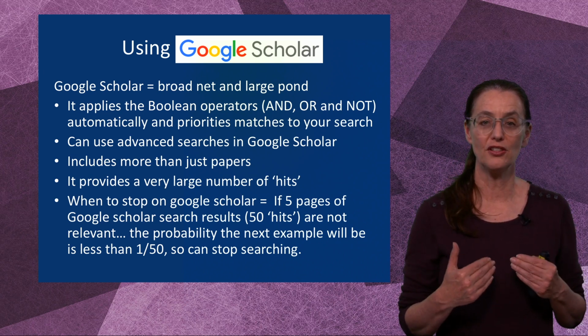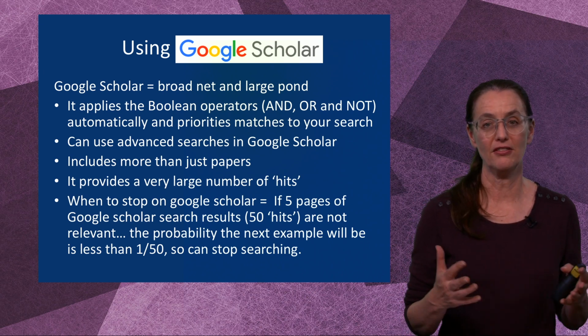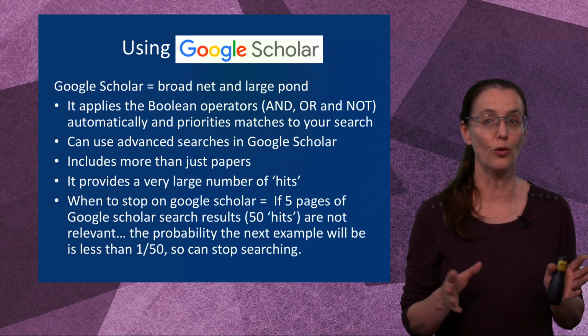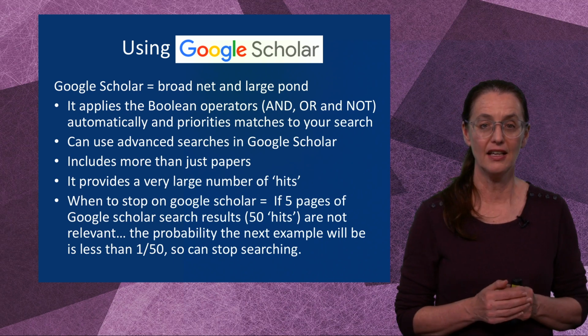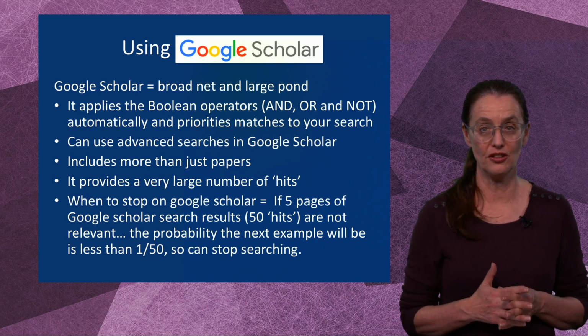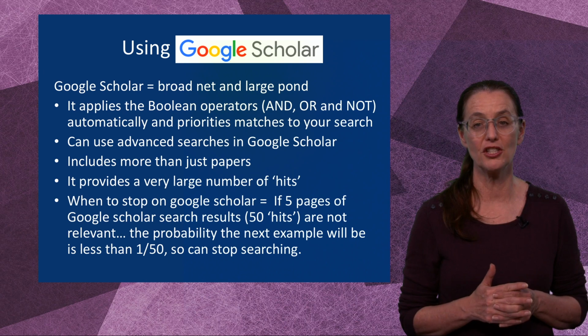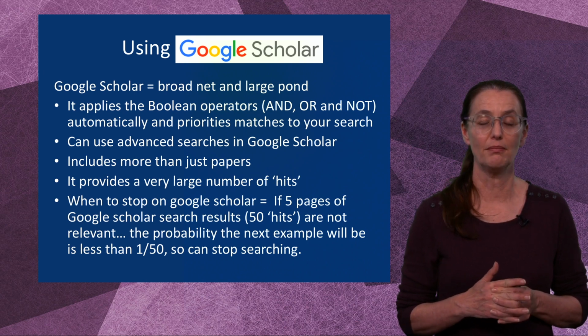But one of the issues is how to say, have I found enough literature? Because you don't want to go checking all 750,000 hits. There's a really simple strategy you can use here, which comes from research about a strategy called mark recapture.